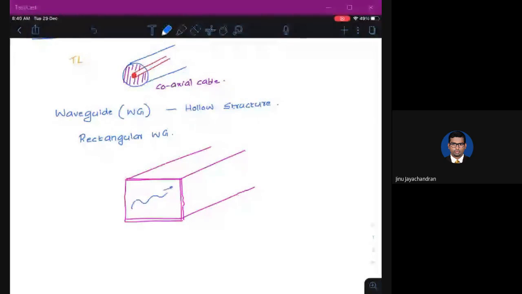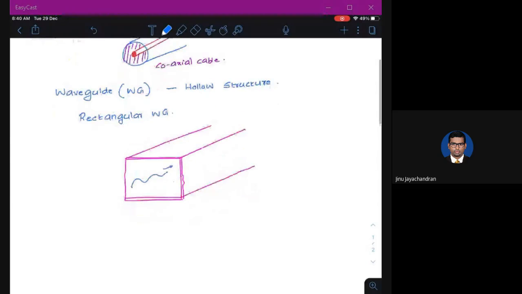Now, the behavior of the wave inside such a rectangular waveguide is entirely different from that in a transmission line or in an unbounded medium. But why are we using this waveguide? It is because for higher frequencies, the loss encountered by the wave is very less when you consider the rectangular waveguide. That's the main reason.